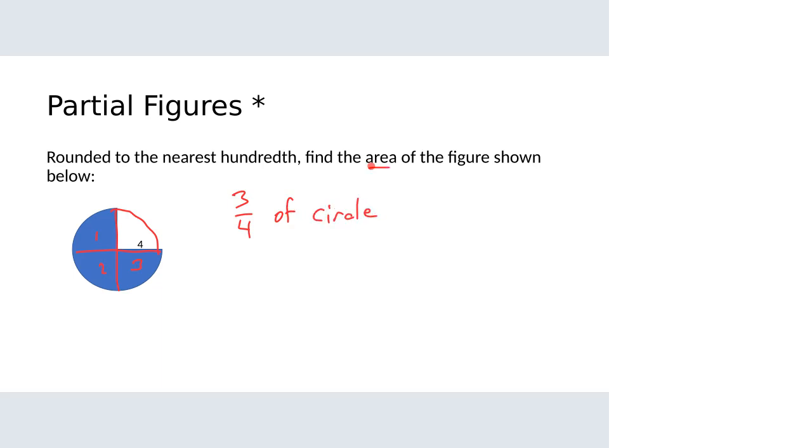The area of an entire circle would be pi times the radius squared, which would be 3.14 times this radius that we've been given, squared. And so that's 3.14 times 16, which is 50.24.